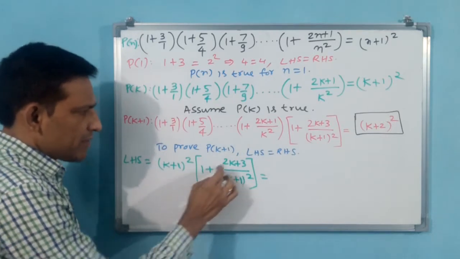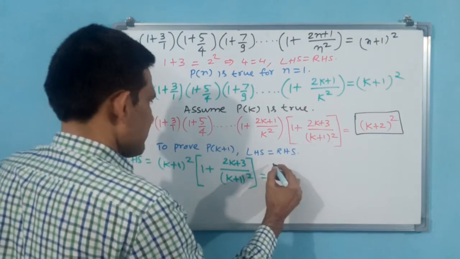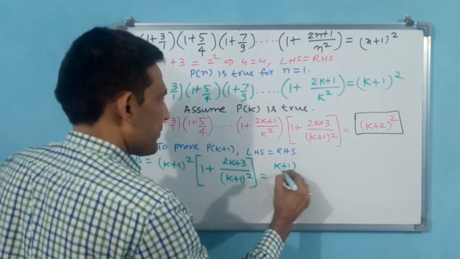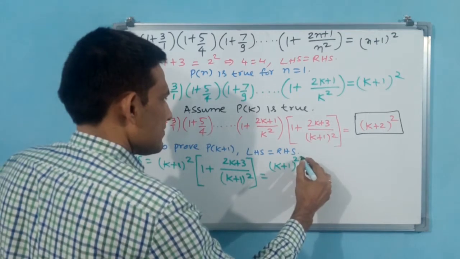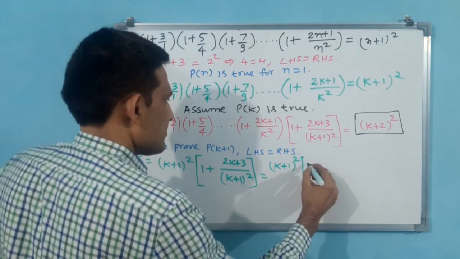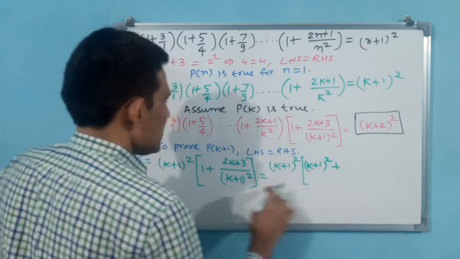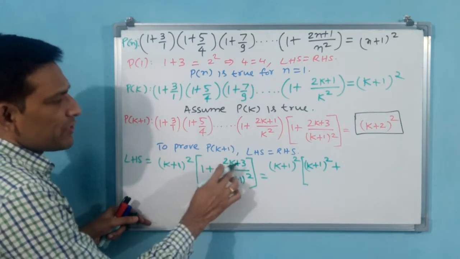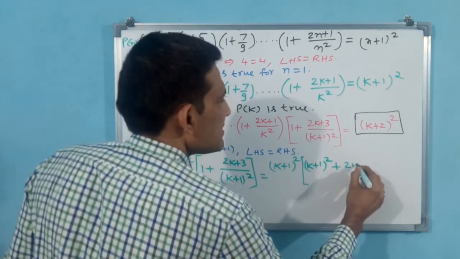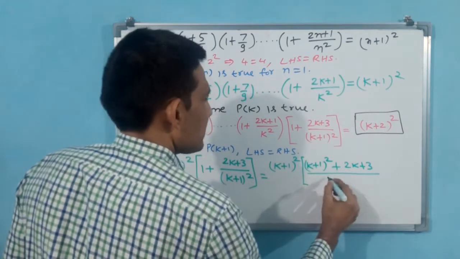K plus 1 square into 2k plus 1 by k plus 1 square. Write down. K plus 1 square plus, here denominator 1 is there, 1 into 2k plus 3 divided by k plus 1 whole square.